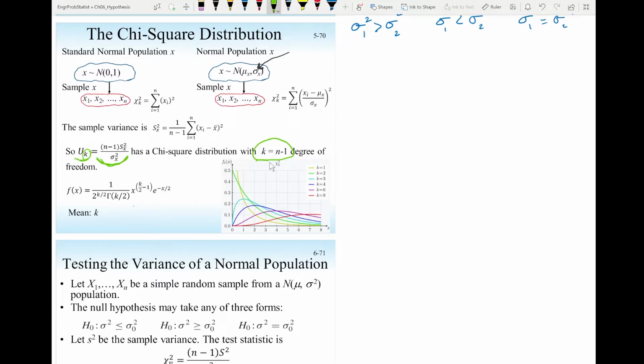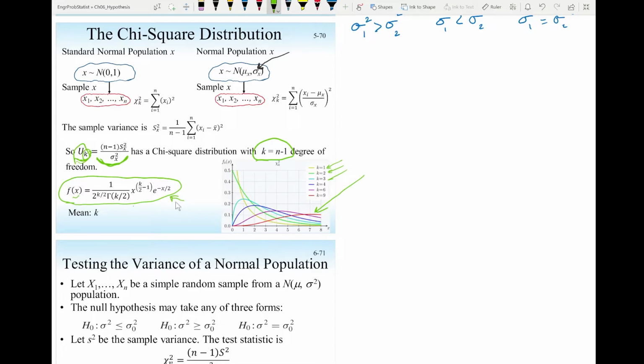If we plot the chi-square density function, it will look something like this, depending on the degree of freedom. And the equation that describes the probability density function is this one. When we calculate the probability that the random variable u of k, or here we call it x, equals a certain value or less, we are not going to carry out the integration.